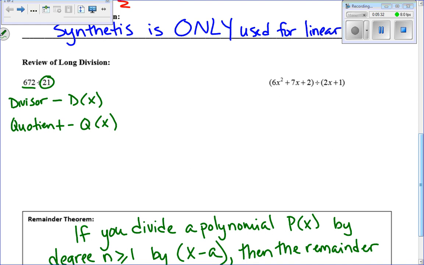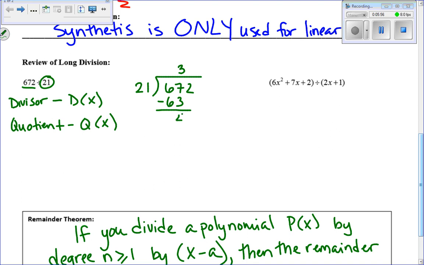Okay, so long division, we take our divisor, we put it on the outside. So you're thinking about how many times does 21 go into 67? Well, that is 3 times. 3 times 21 is 63. So we now don't multiply, we subtract.